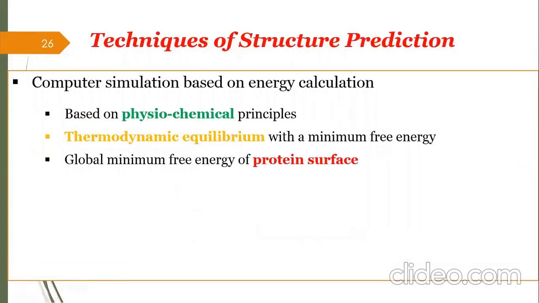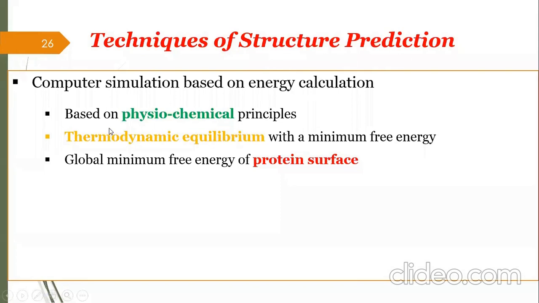Computer simulation based on energy calculation: there are techniques through which we can simulate the structure of a protein. The first group of methods is based on energy calculation. Based on energy calculation, we can predict the protein structure.